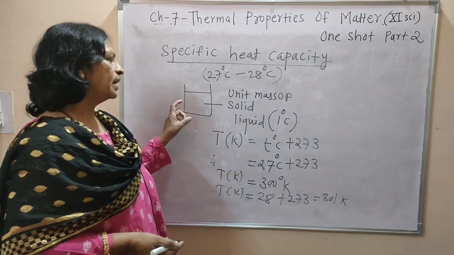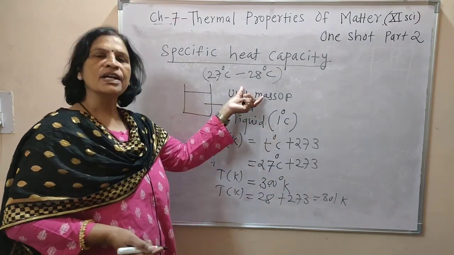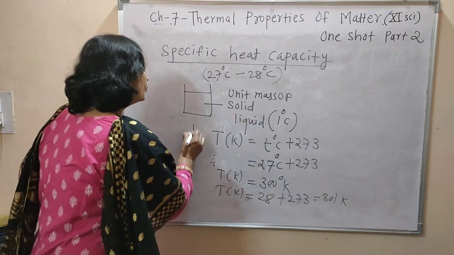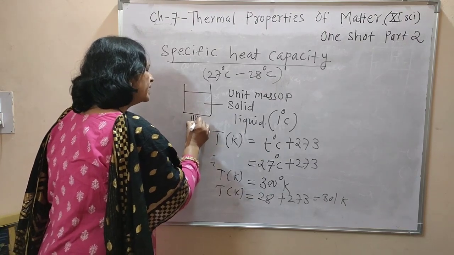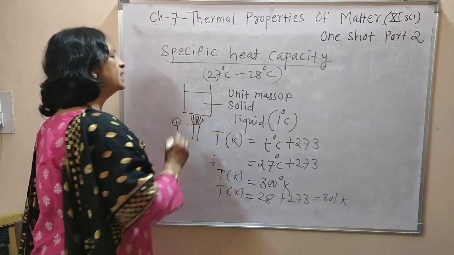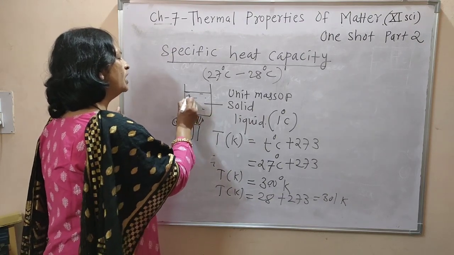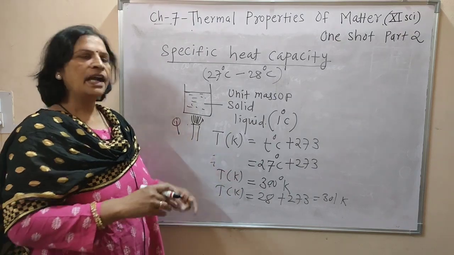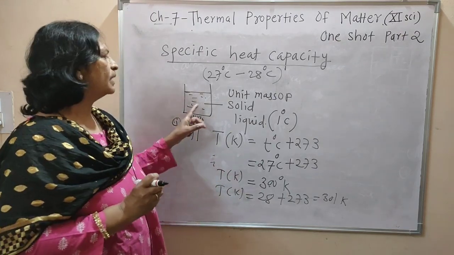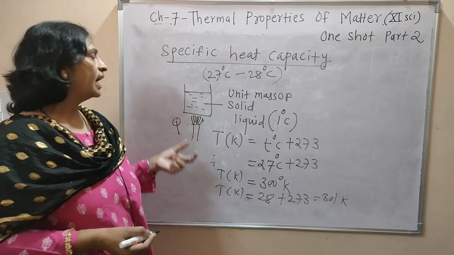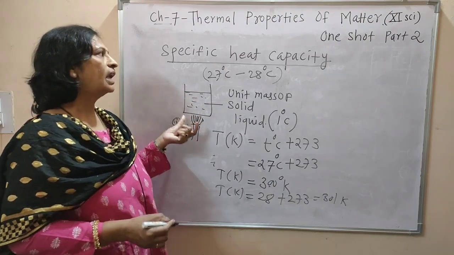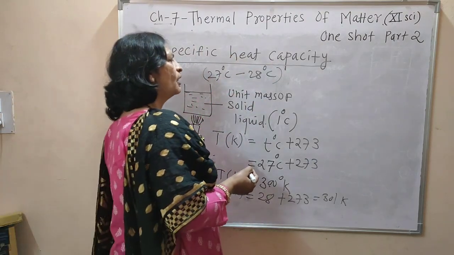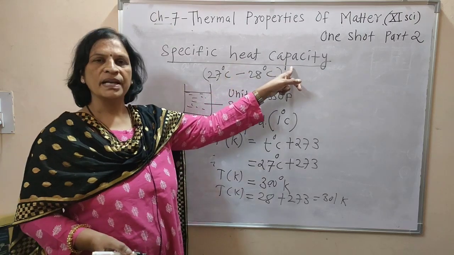To increase the temperature of a unit mass of solid or liquid by 1 degree Celsius or 1 Kelvin, we have to supply heat. Suppose Q is the heat supplied to that unit mass. If we decrease the temperature by 1 degree, we have to remove heat from that unit mass, and that heat is called the specific heat capacity.